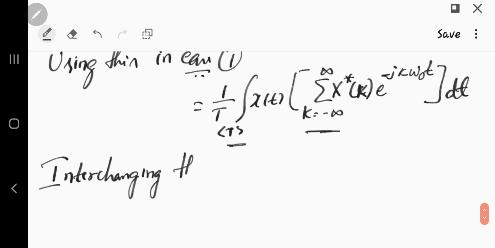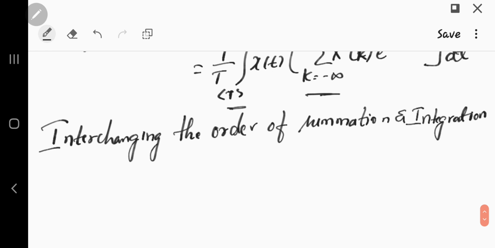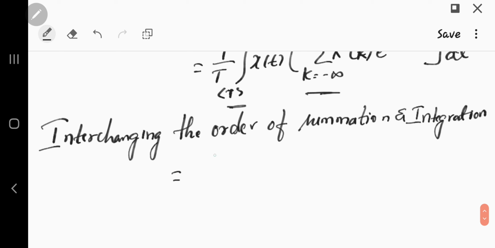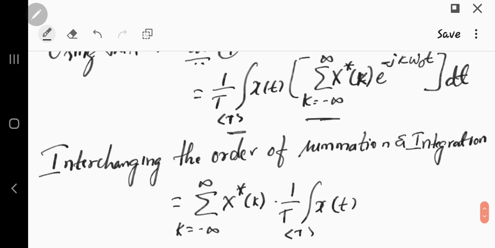So interchanging the order of summation and integration, what we get is the summation part, k equals minus infinity to plus infinity x star of k into 1 by T integral of x of t e power minus j k omega naught t dt.